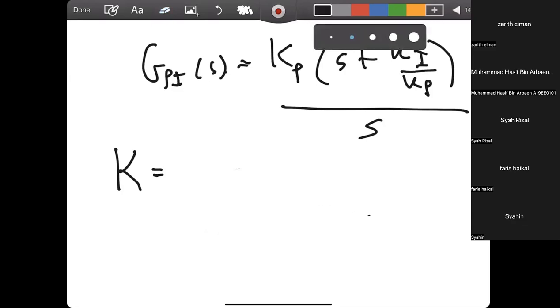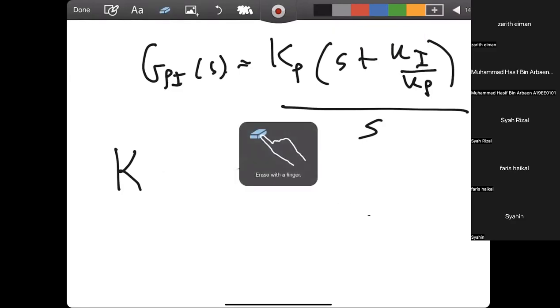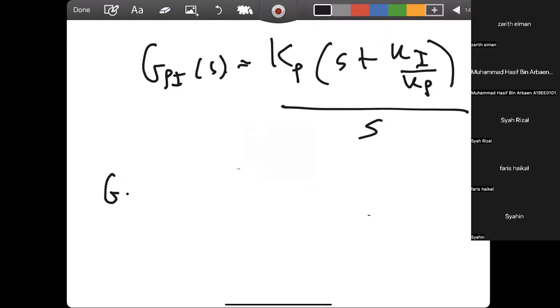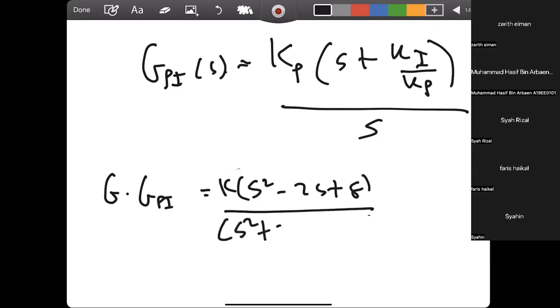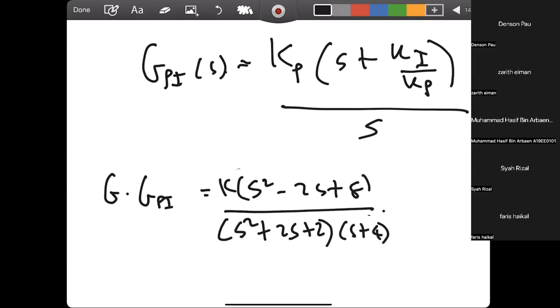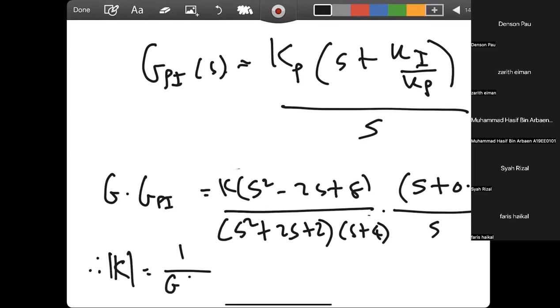So GPI will be like this: S squared minus 2S plus 8 over S squared plus 2S plus 2, S plus 4, then the PI is S plus 0.1 divided by S. In order to find K, take the magnitude of 1 over GPI.